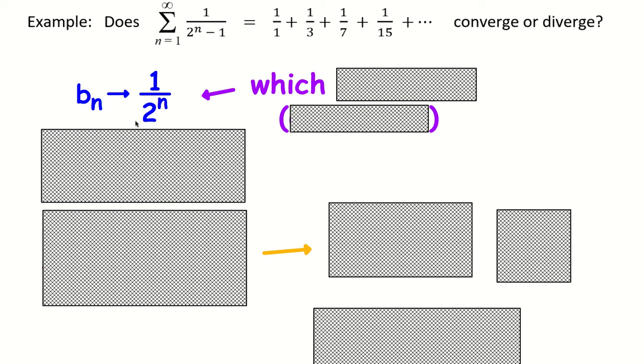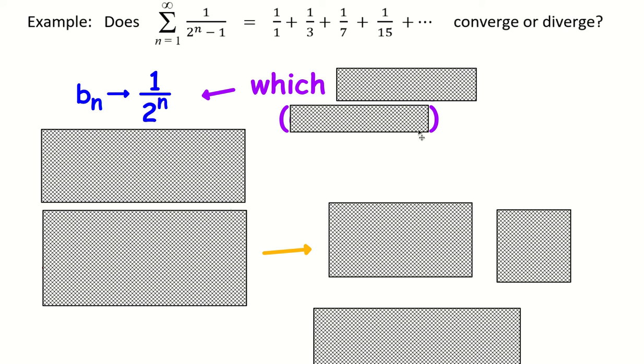All right, so what does this do? Does this converge? Does this diverge? And how do you know? 1 over 2 to the n. What test could you apply? What test do you think applies here?